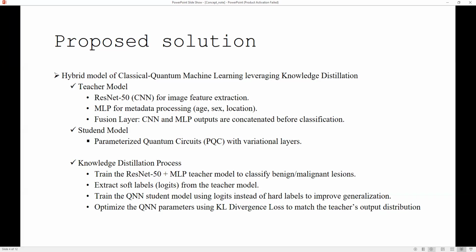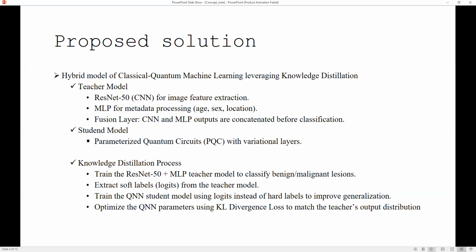Here, under the teacher model, we are using ResNet 50. The reason we're using ResNet 50 is that it has proved to be exceptional with image data, extracting features and classifying images.